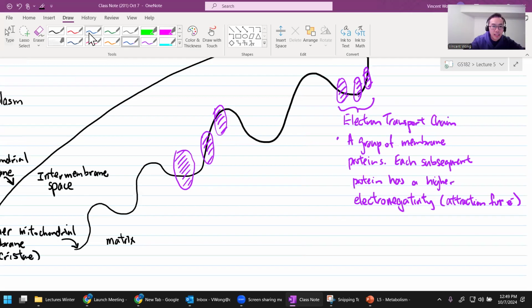We're going to have the NADH here drop the electrons off. And once the electron gets off, once the passenger gets off, the NADH becomes NAD plus once again, right?